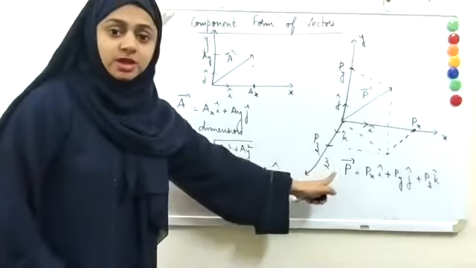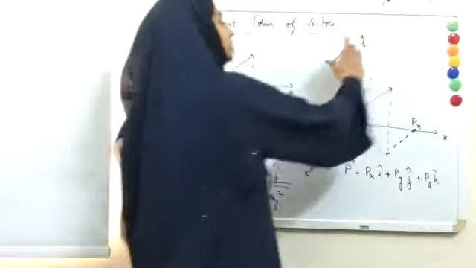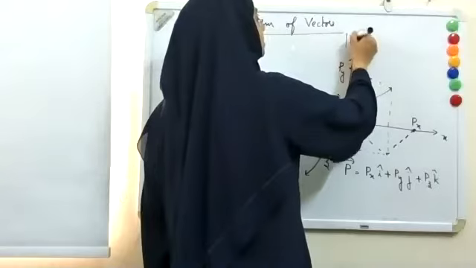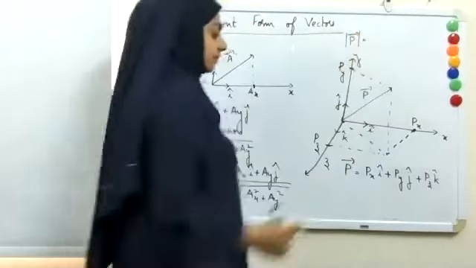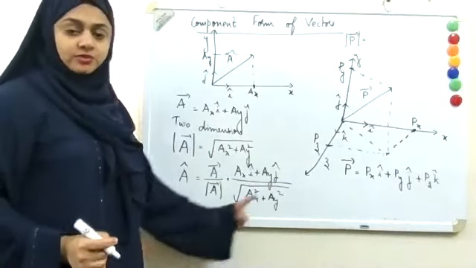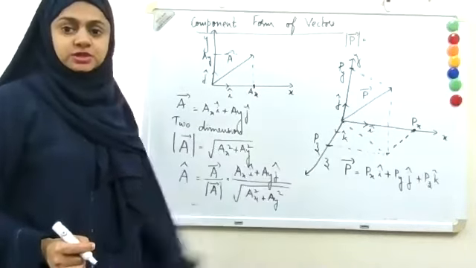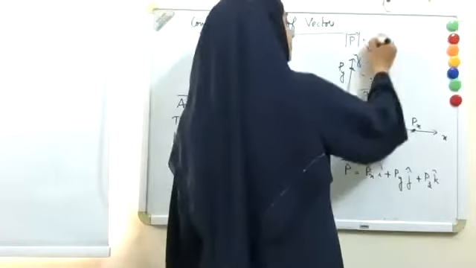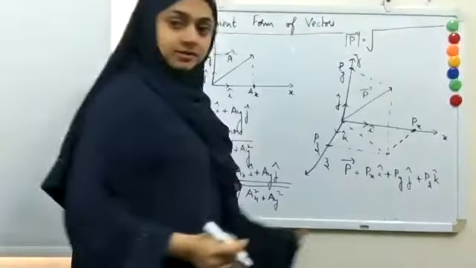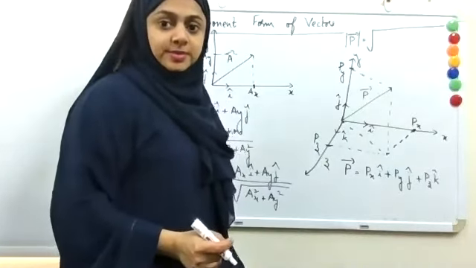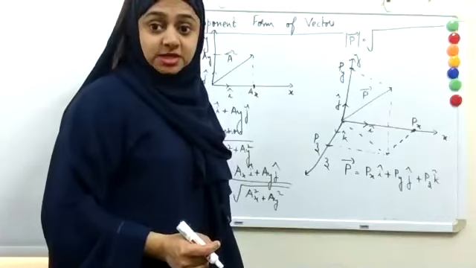Similarly, can you tell me how I can represent the magnitude of this vector P? How will I represent the magnitude of this vector P? Root over, what are the components? px i, py j and pz k, right?